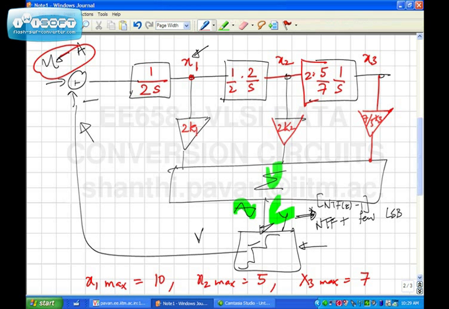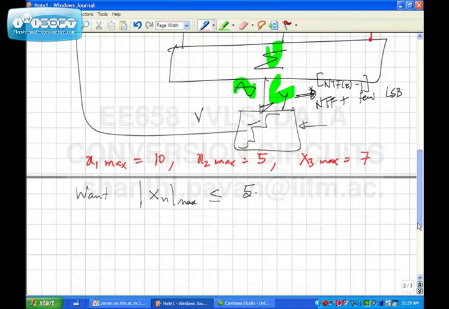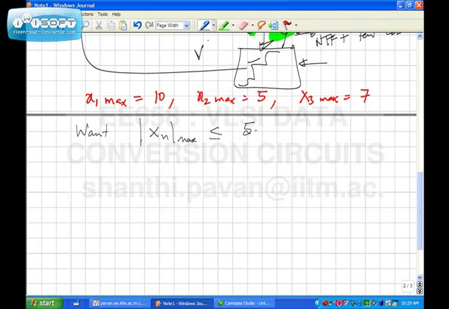Alright. So this procedure is called dynamic range scaling or node scaling. Is this clear?